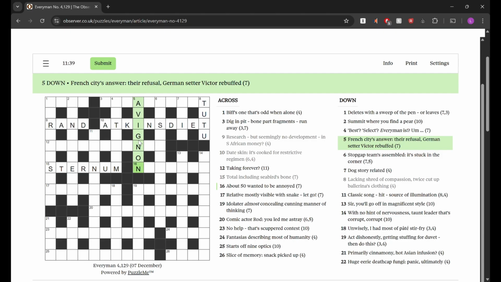Where does the I come in? I'm not exactly sure how to parse the wordplay there, but Avignon makes sense as the answer, a French city. It is Avignon, isn't it? You see, I'm doubting myself here. Let's just move on.